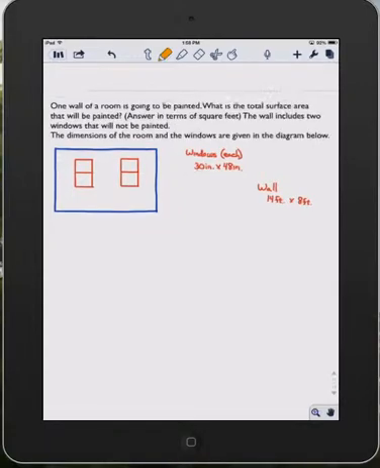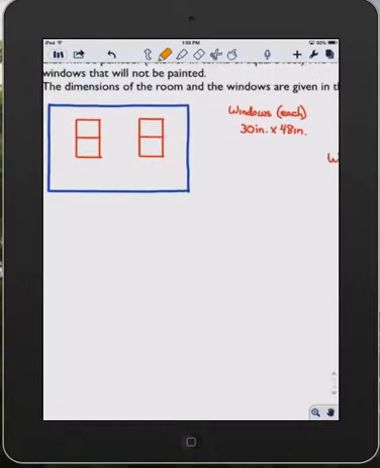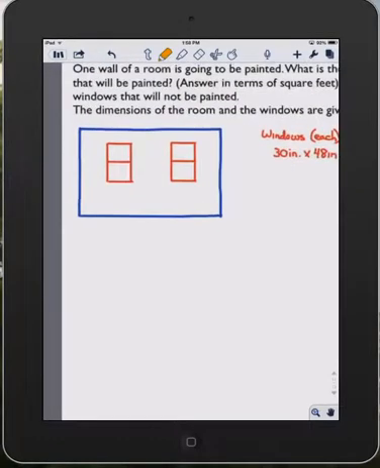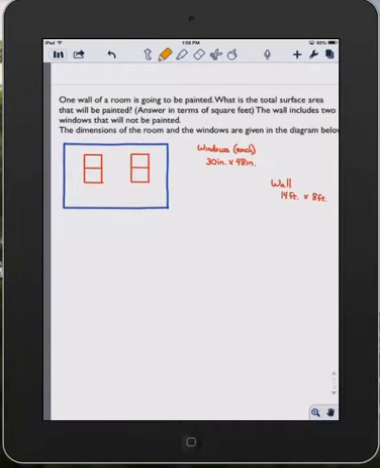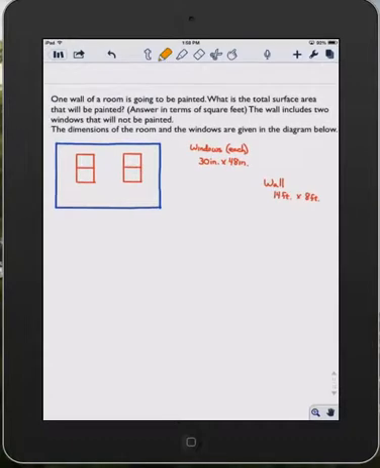So if we don't want to paint over the windows, we have to subtract 2 rectangles from a larger rectangle. For the larger rectangle, the dimensions are 14 by 8. So 14 times 8 is the area of the entire wall, including the windows. The area equals 112.